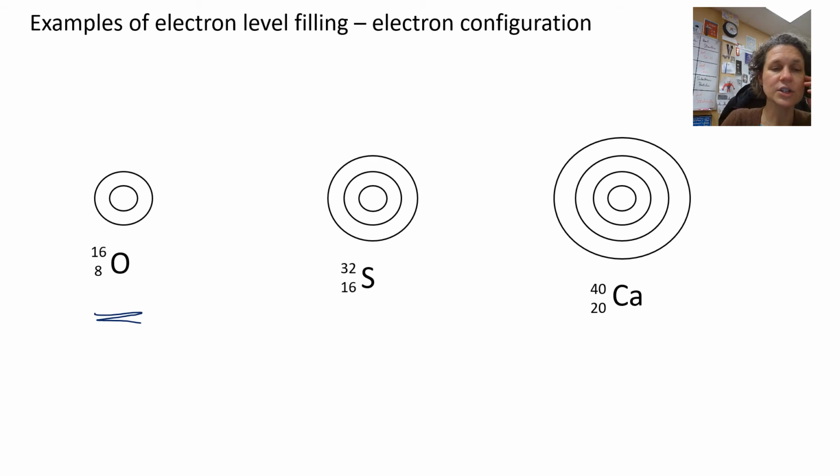We have isotope notation, 8 protons, 16 for our mass number, so protons plus neutrons. It is a neutral atom, and that means if I have 6 protons, I have 6 electrons. So if I have 8 protons, I have 8 electrons. And so I have 8 dots or X's that I have to put on my circles.